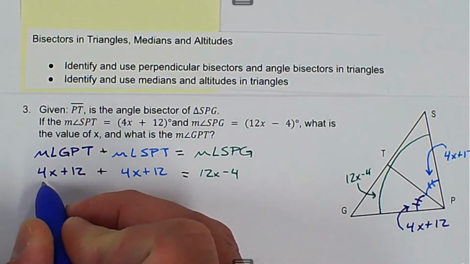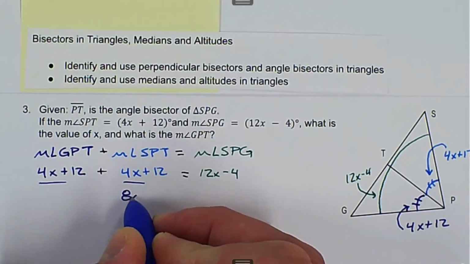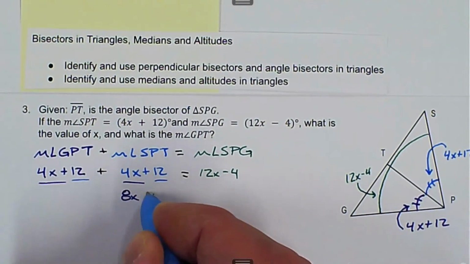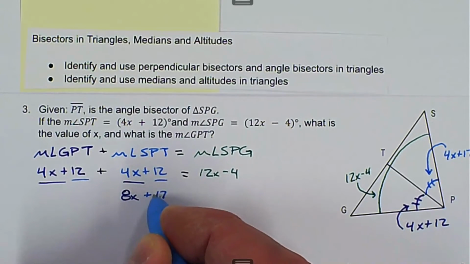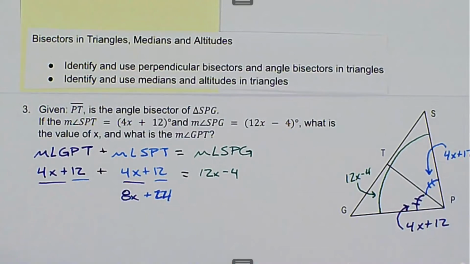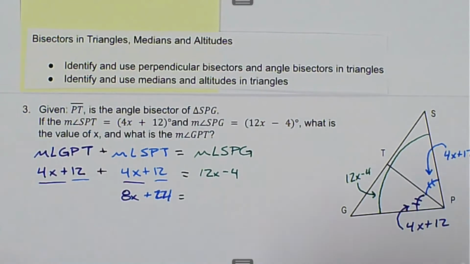Next, we can combine like terms. We have 4x and 4x, so we get 8x. And we have 12 and 12, so that's going to be 24. And that is equal to 12x minus 4.